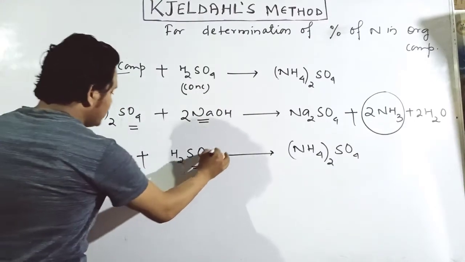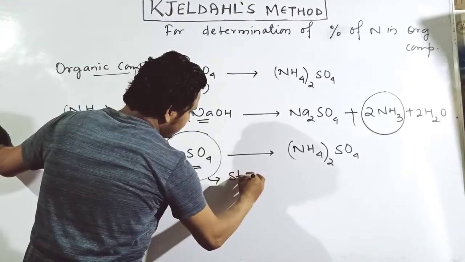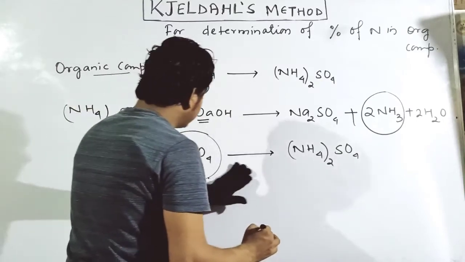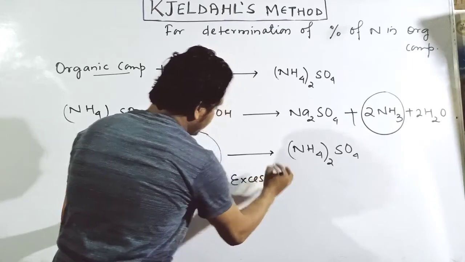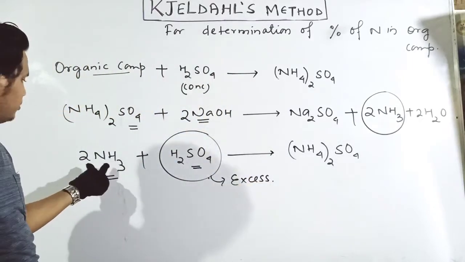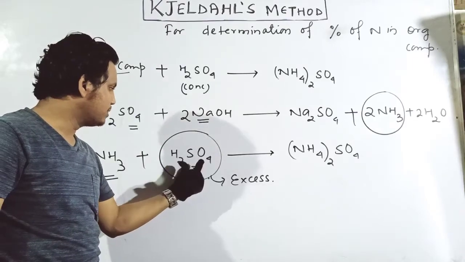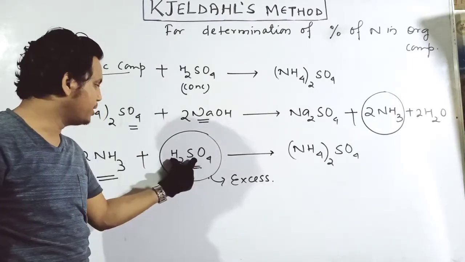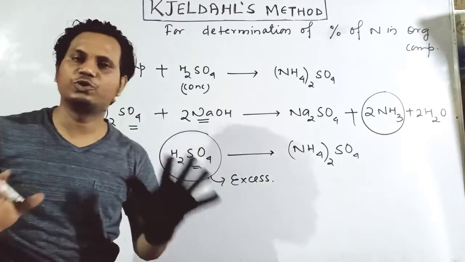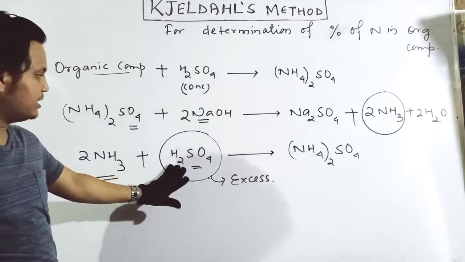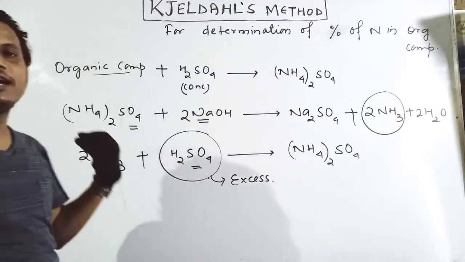Now this sulfuric acid solution is taken as a standard. It is taken in excess quantity. Suppose for neutralizing ammonia exactly the required sulfuric acid is used, then our job is done. But it is taken in excess because we don't know how much ammonia is produced.